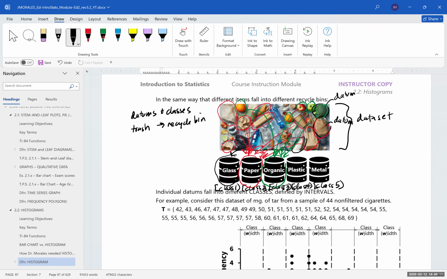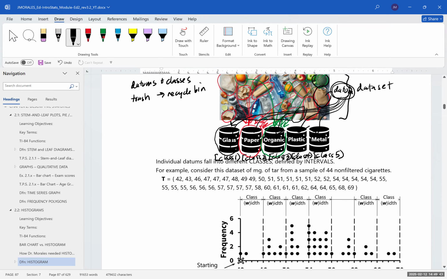What you do is take a datum in your data set and see whether that datum fits in this class, or that one, or that one. Then you go to the next datum and see where it fits. You go to the next datum and see where it fits. So that's essentially what we're doing here with datums in a data set. And this is how we begin to build up the frequencies in each of these classes.